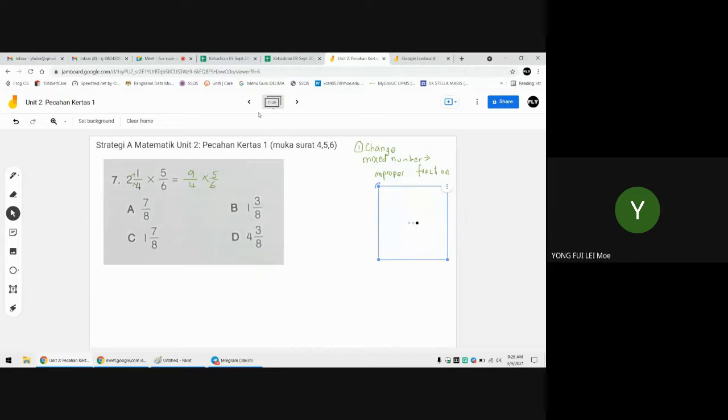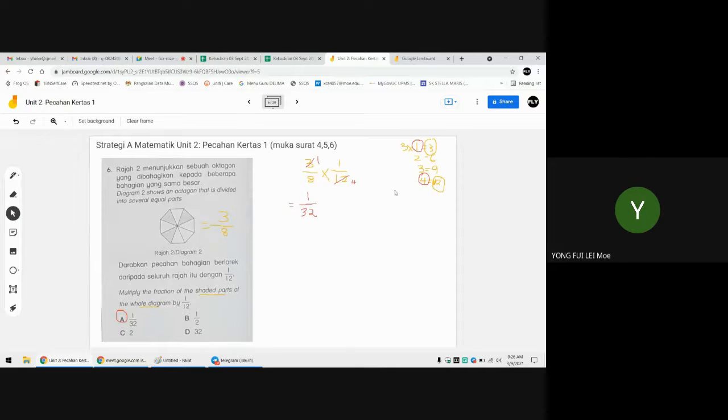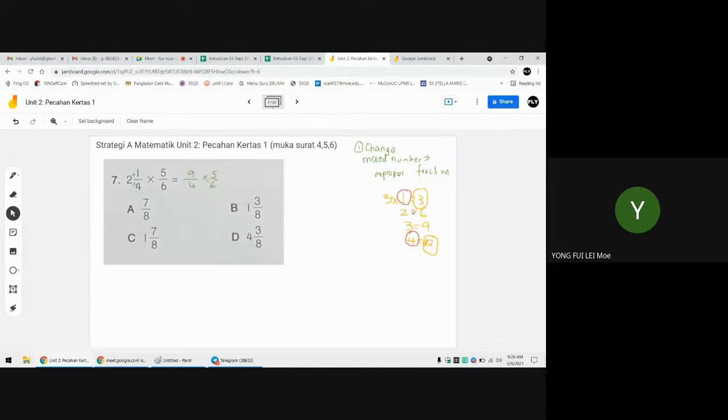If you have your multiplication table in your book, this is as easy as it gets. You see 6 and 9, so I choose this one. 3 times 2, 6, 3 times 3, 9.